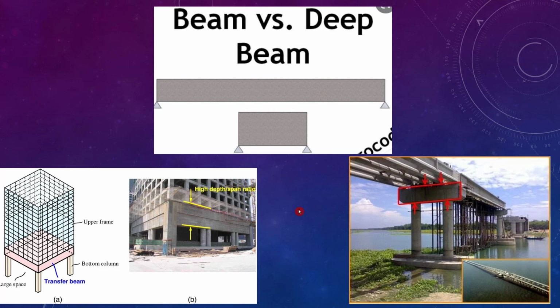First, a basic introduction on the difference between a normal reinforced cement concrete beam and a deep beam. We can see a figure here. Figure 1 shows a long beam, where the length of the beam is very high in comparison with the depth of the beam.